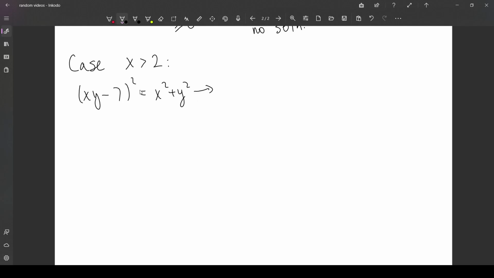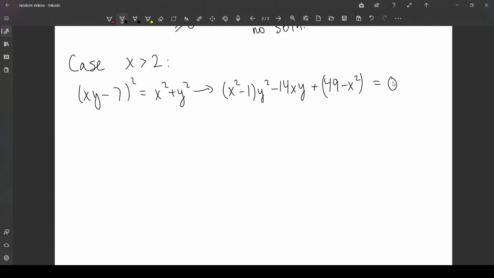So basically, if you expand all this, you'll get an x squared y squared term, an xy term, a 49. You have an x squared and a y squared here. So basically, you just want to group these things together in terms of y. And so what you get is this. I'll put parentheses around this. Get this is equal to 0.